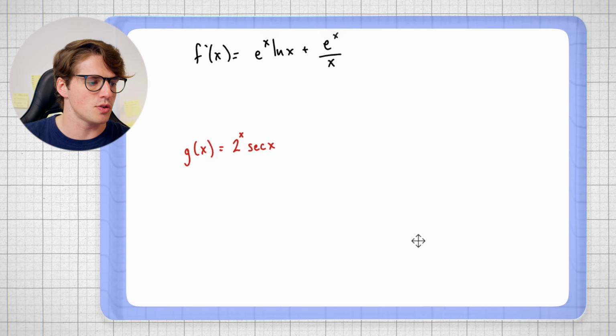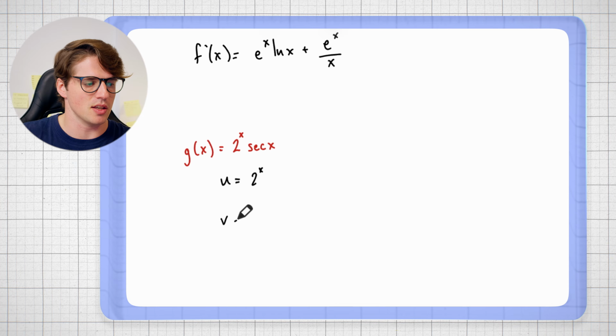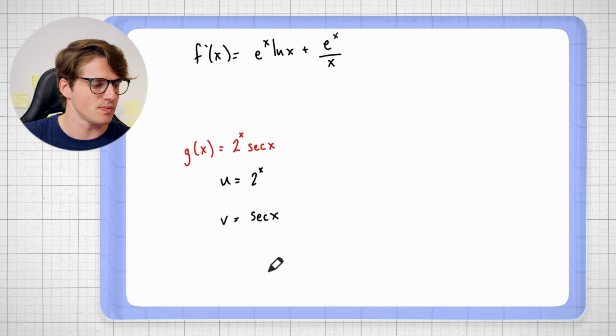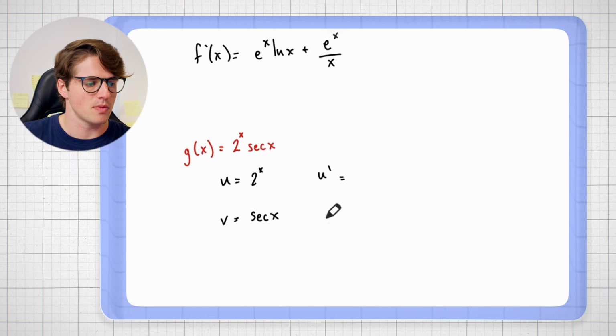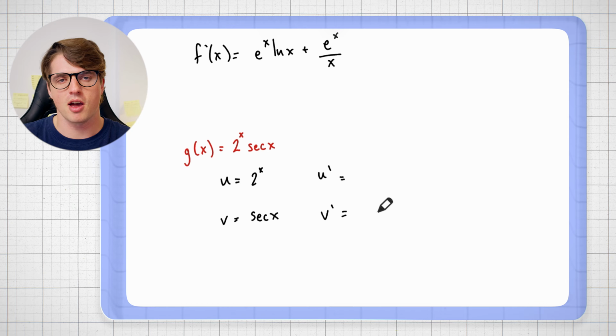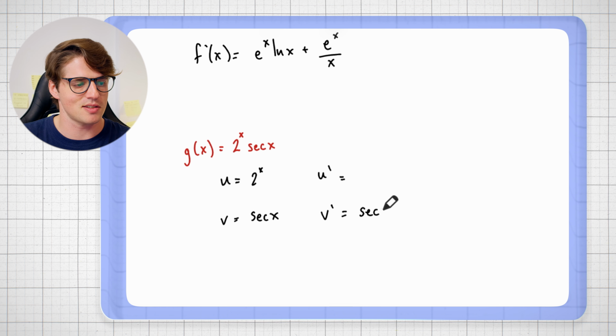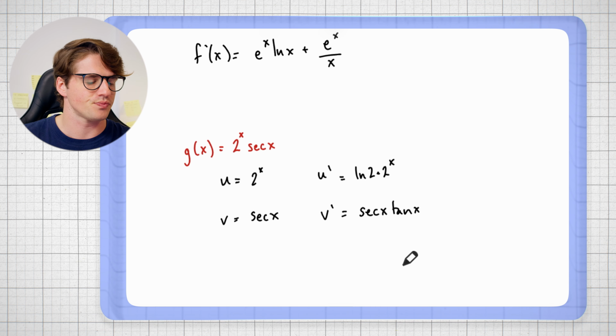And finally, 2 to the x secant x. Same thing, product rule, u equals 2 to the x, v equals secant x, u prime, v prime. v prime is secant x tangent x, u prime is ln 2 times 2 to the x.